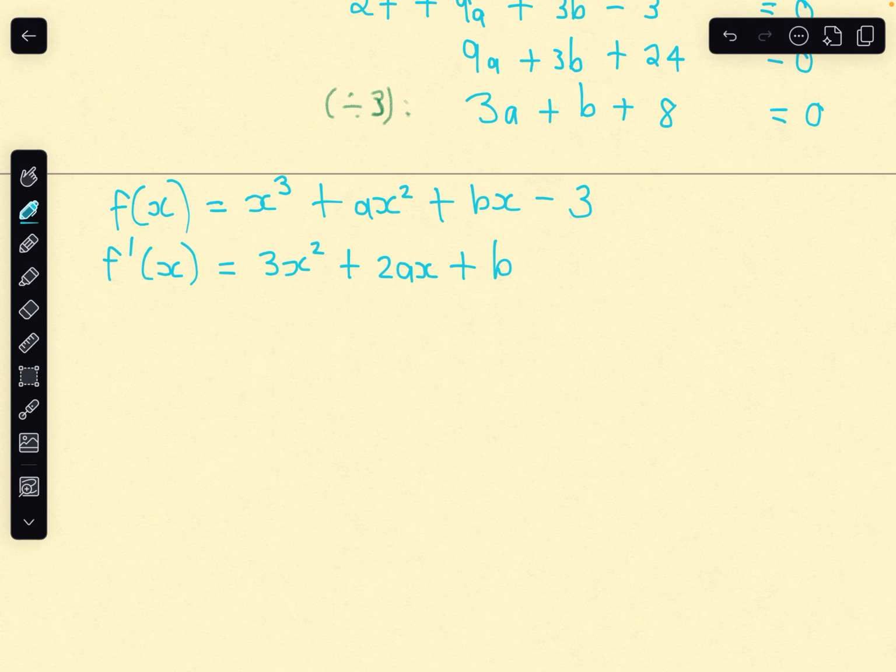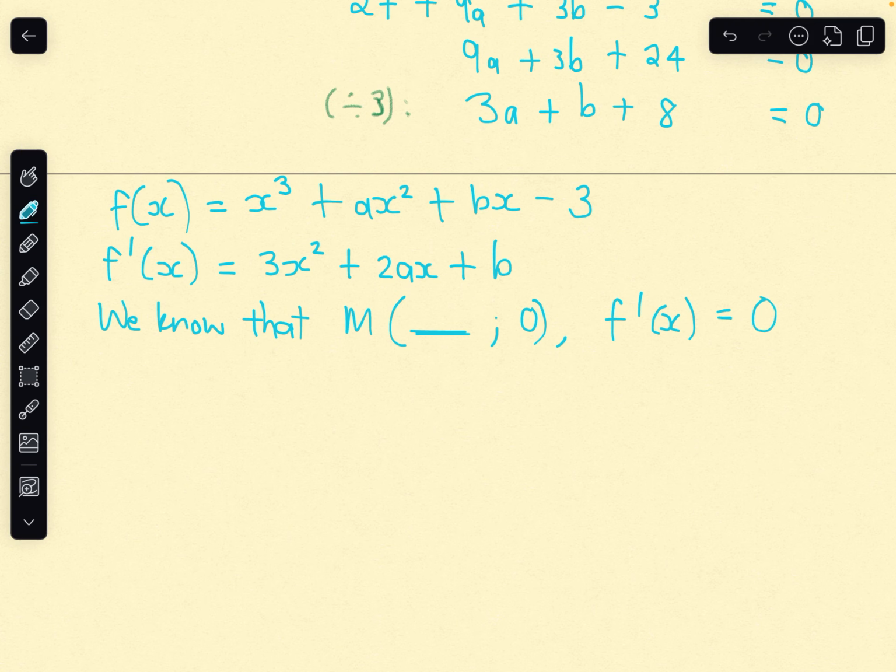We know that at m, whose coordinates are something and 0, because it's an x-intercept, f prime of x will be equal to 0. So let's solve that literal equation and see what it gives us.